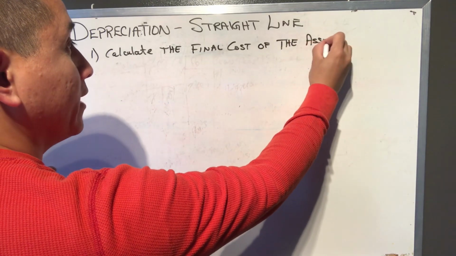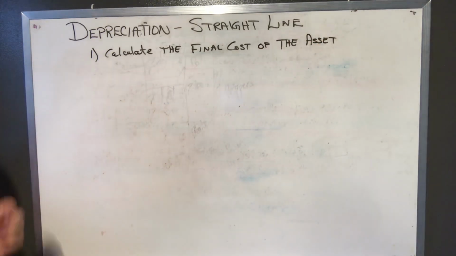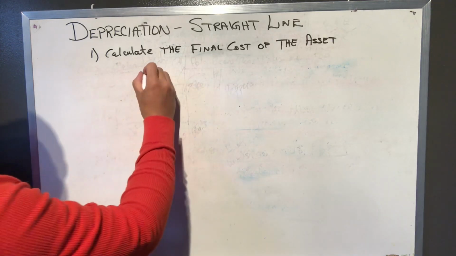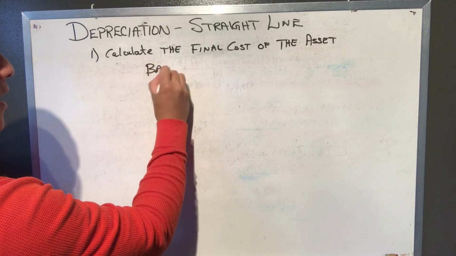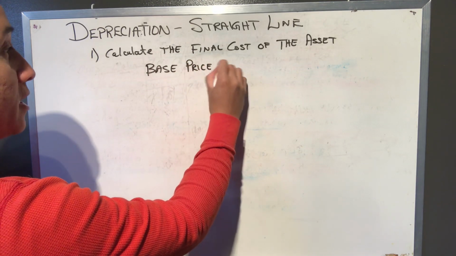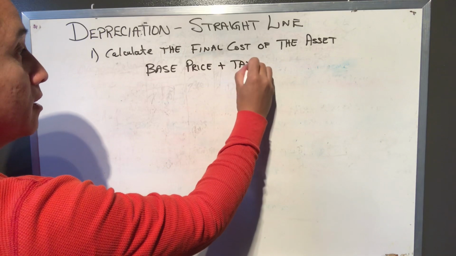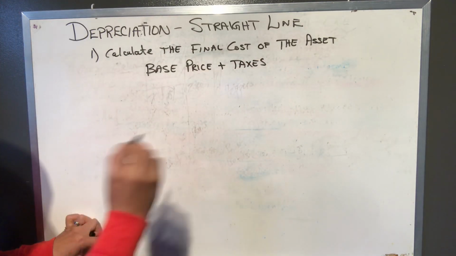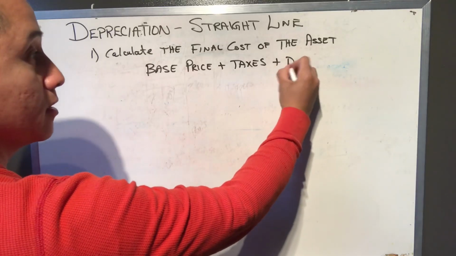Now I'll elaborate on that. The final cost should include the base price, plus any applicable taxes, plus any delivery fees.